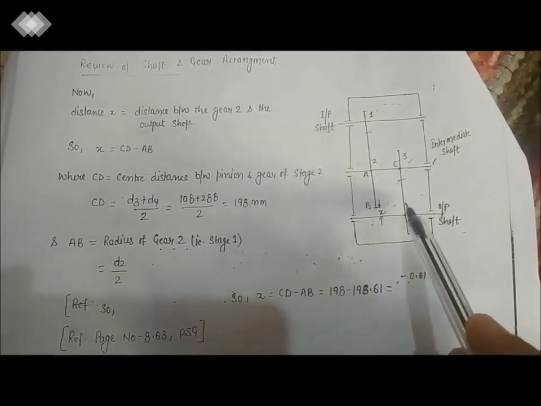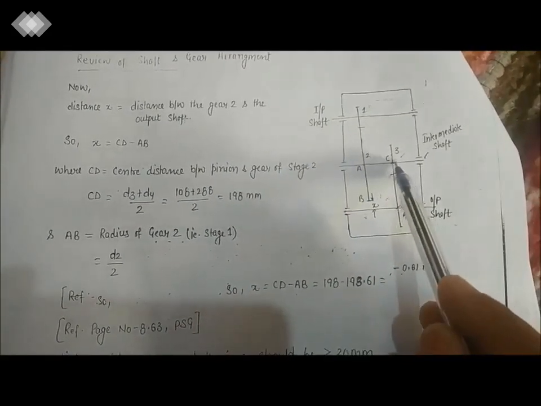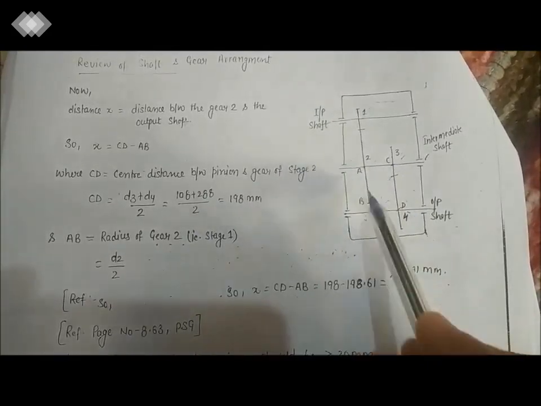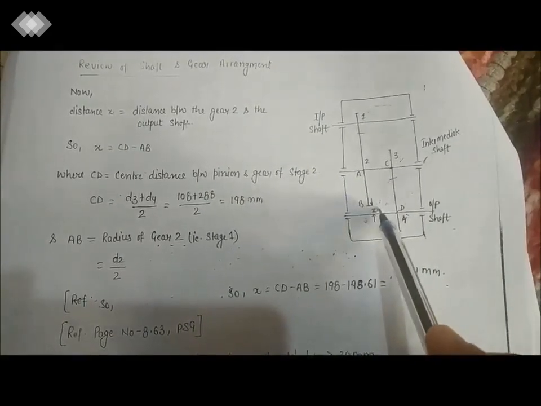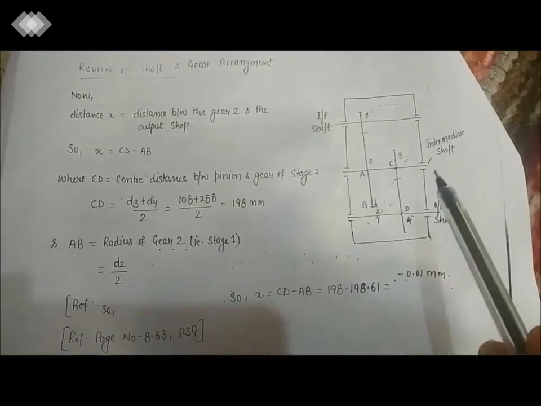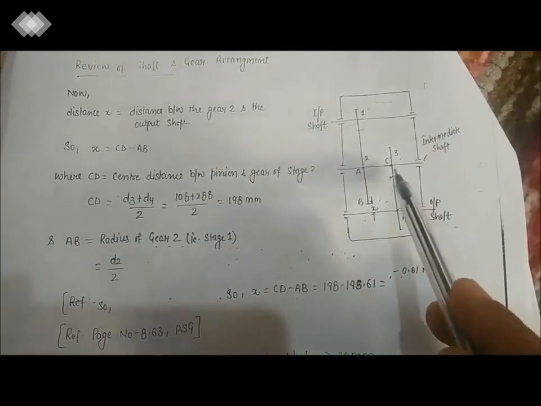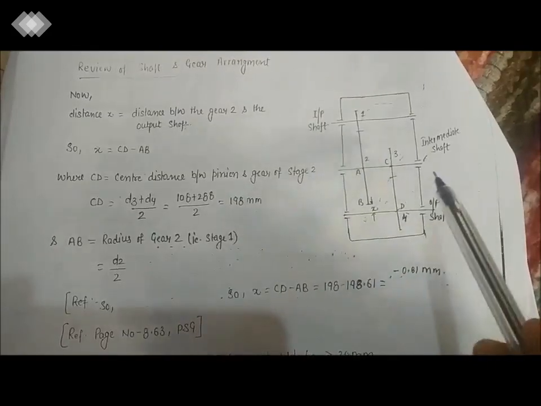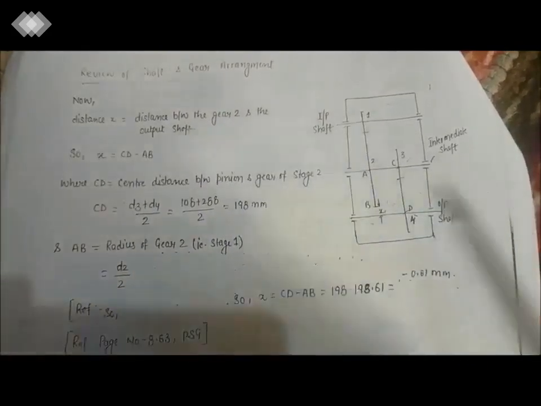So how can we calculate this distance? Now see here, CD minus AB gives x. And what is CD? CD is nothing but the center distance between the pinion and gear of the second stage, or second gear pair.